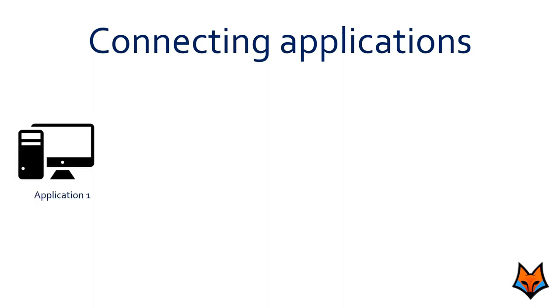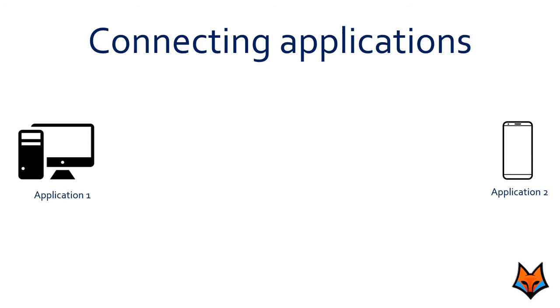To demonstrate why we need a messaging system, let's take an example of application 1, which is our desktop application, and application 2, which is our mobile application. To connect these two applications we need a system.